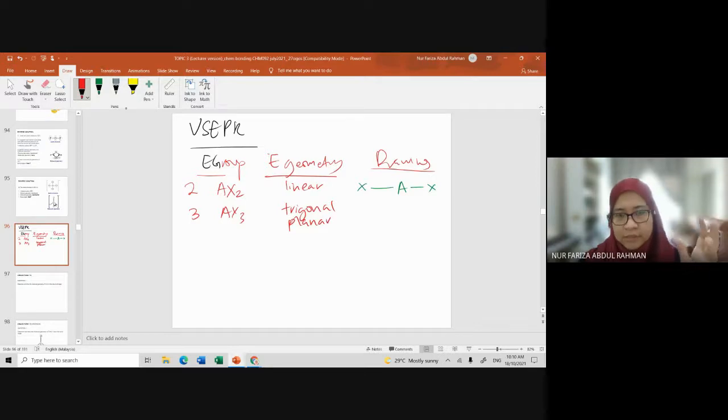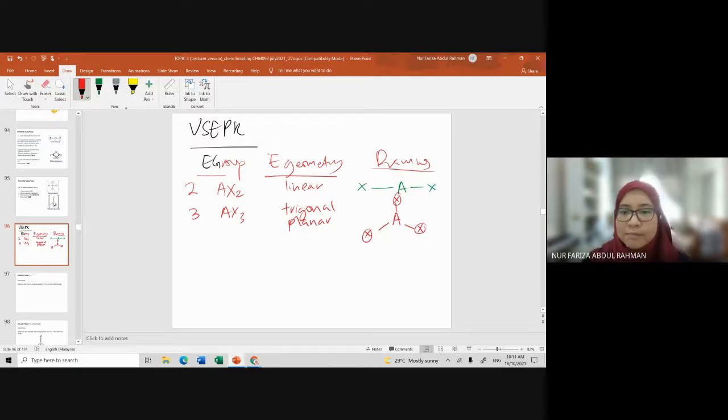The name of the electron geometry is trigonal planar, and I would highly suggest you draw it this way. So this is what we call trigonal planar.